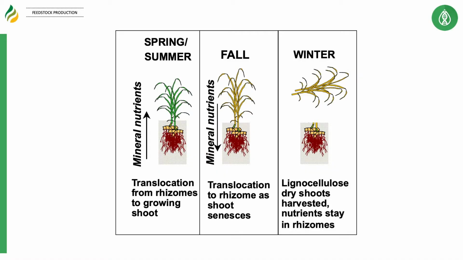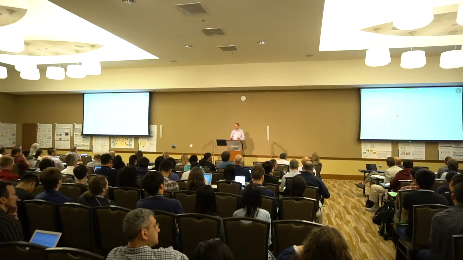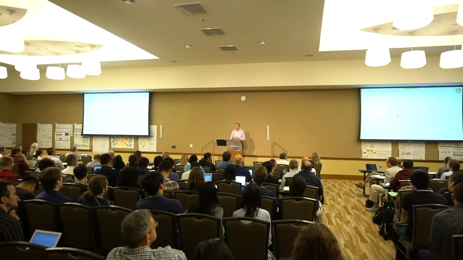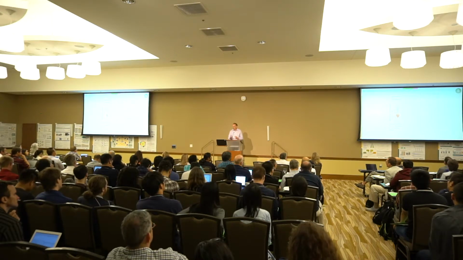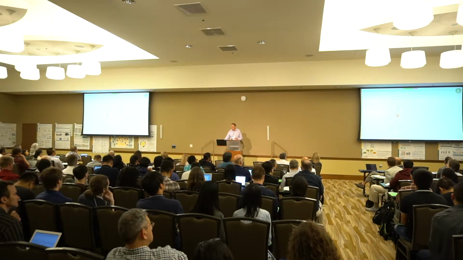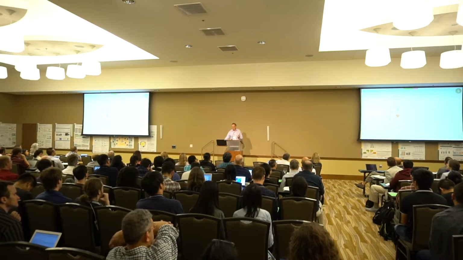Of course, one of the big advantages of C4 perennials, such as Miscanthus, you can see here, is that because it's an overwintering perennial, the same is true of semi-arid perennials, during the non-growing season the nutrients are stored in the underground material. In the spring, that's mobilized into the shoots.